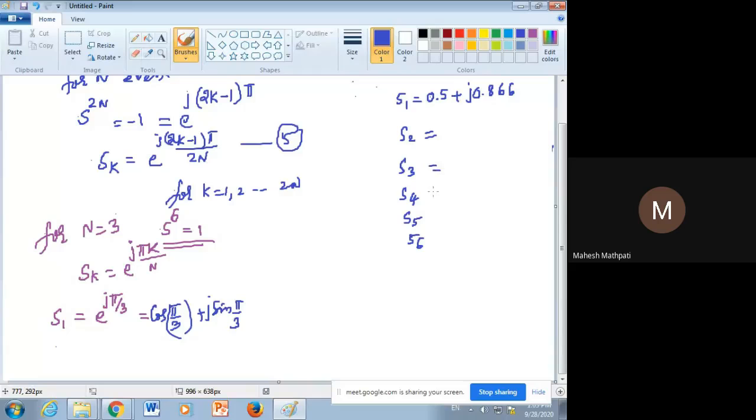A total of 6 values we have to calculate. Just calculate all the values and tell me the answer. Let's see.